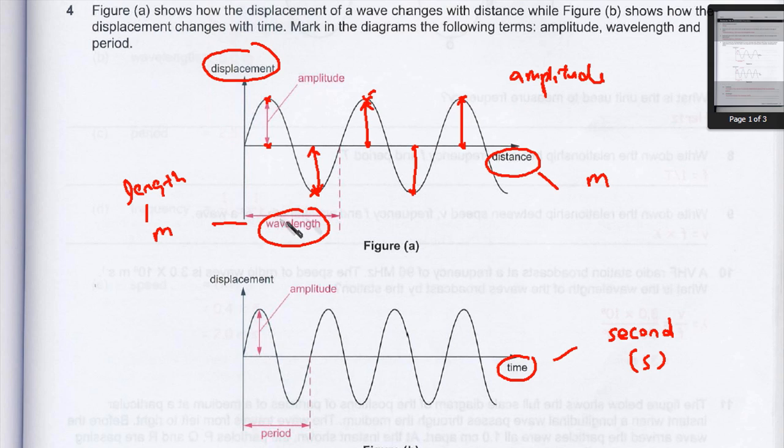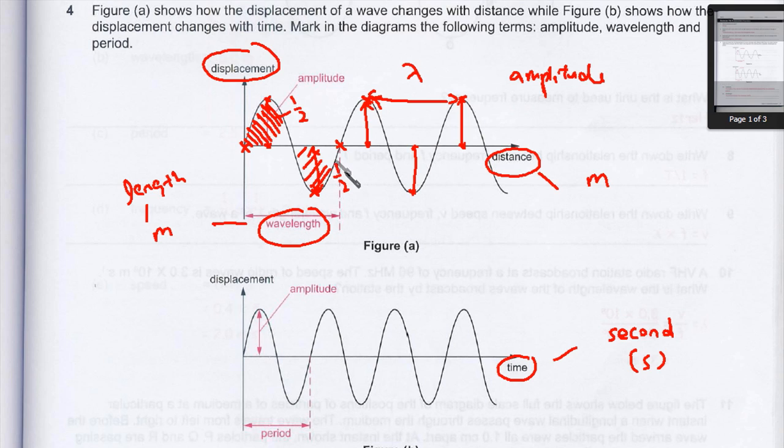So how do you find the wavelength? By definition, it can be between two crests. So this can be one wavelength. We use the symbol lambda to denote it. The second way to find the wavelength is from this point to this point. How do we know it's one wavelength? This is half a wave, and this one is half a wave.